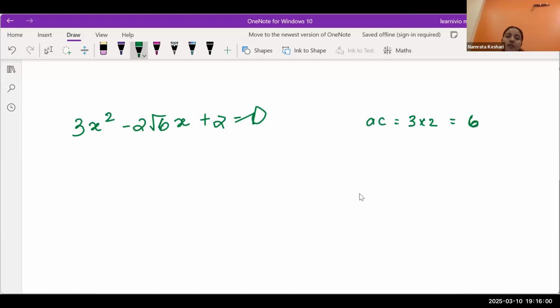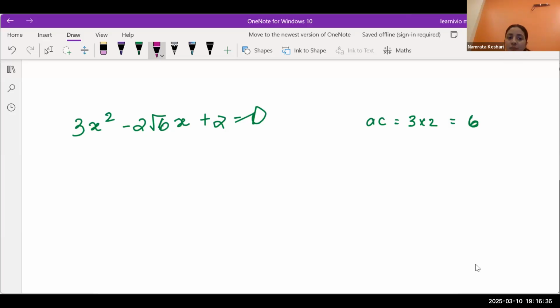Yes, ma'am. Can you tell me what can be taken for splitting the middle term? Okay, so we will think like this.